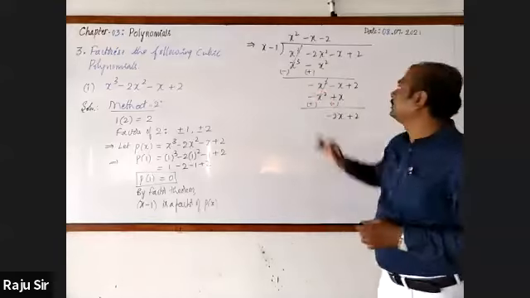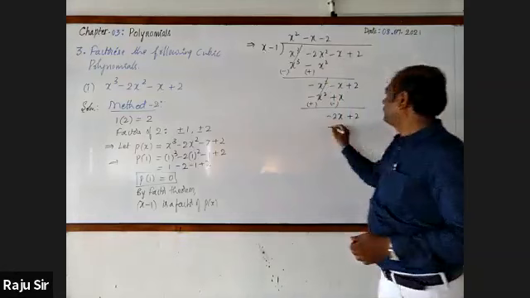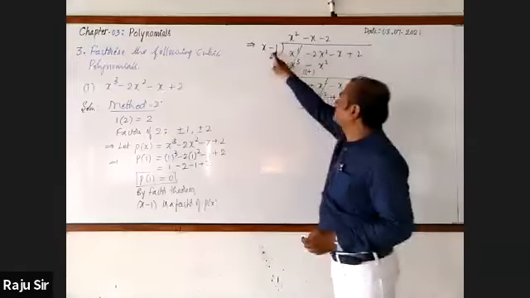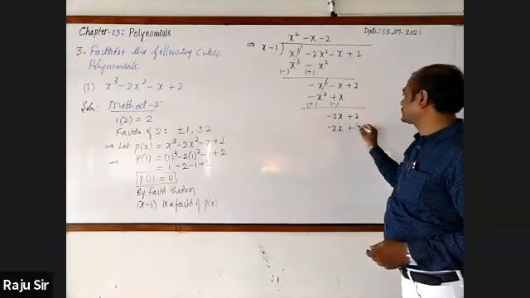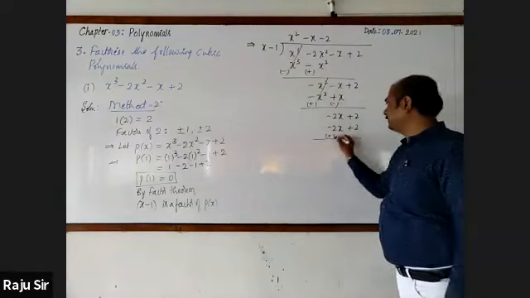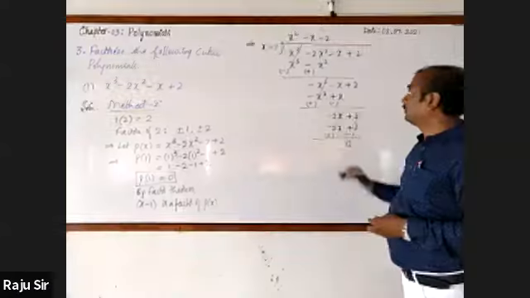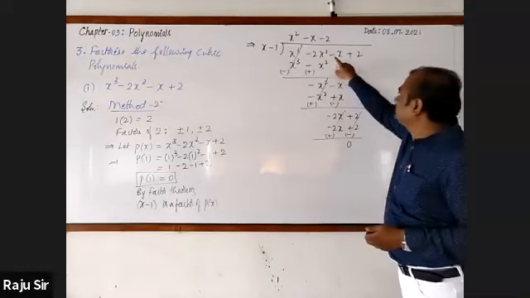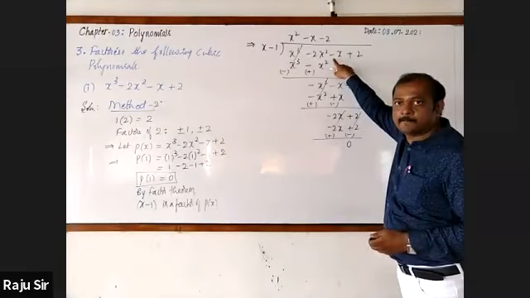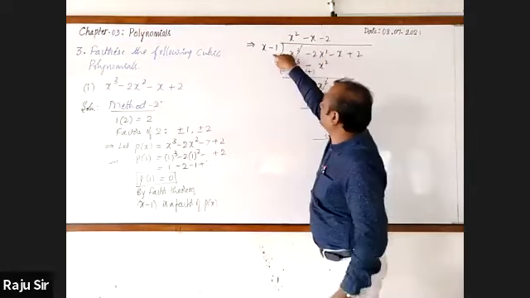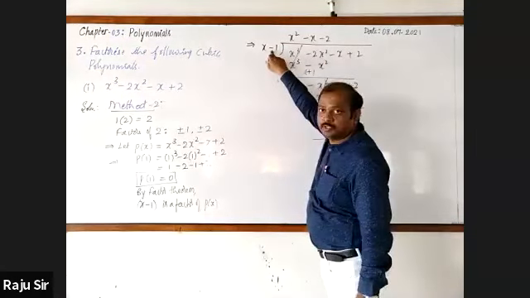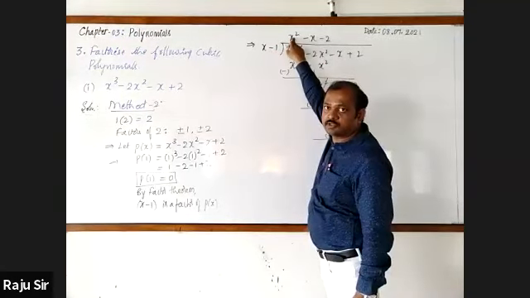Just observe. Minus 2 into x is minus 2x, minus 2 into minus 1 is plus 2. Again change the sign: plus minus. Both get cancelled. 0. Got it? So this polynomial is the product of divisor and quotient.